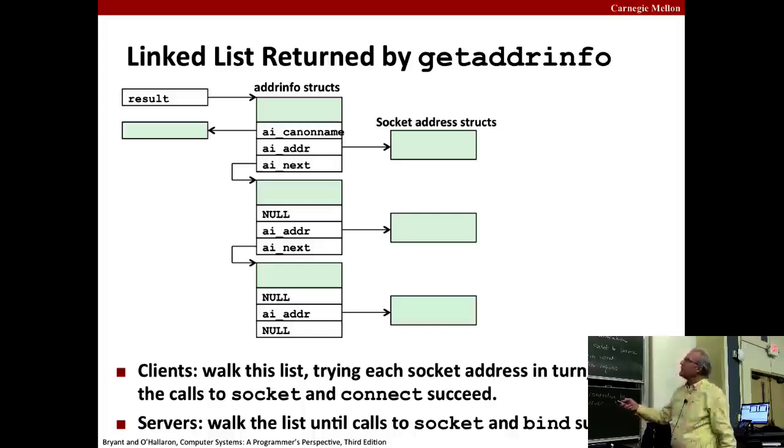For the first top level one, as I showed you, it gives the canonical name for this particular IP address. And then it gives some address information, which in IPv4 will encode the IP address. And it has a next pointer to chain this linked list together.